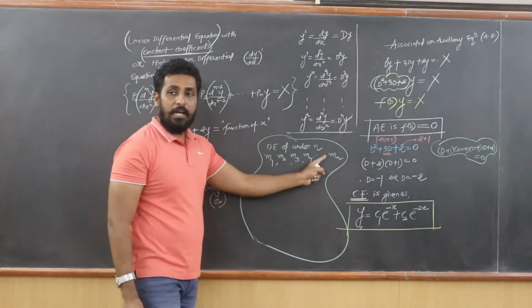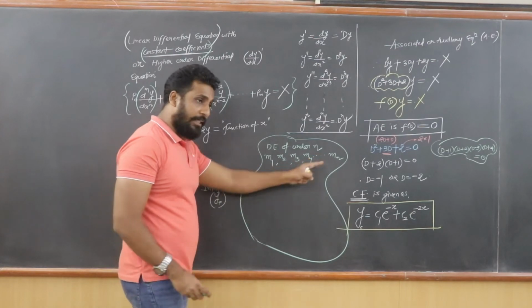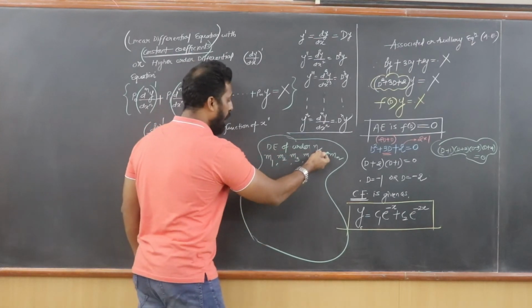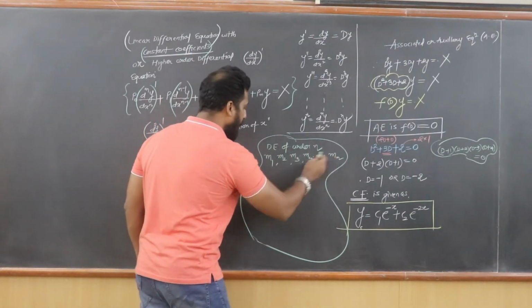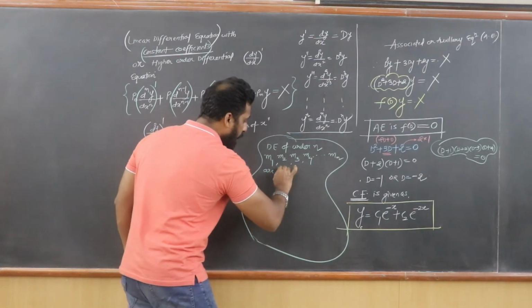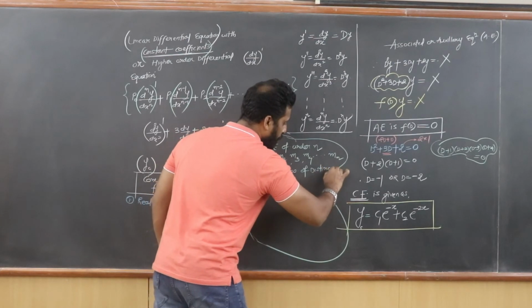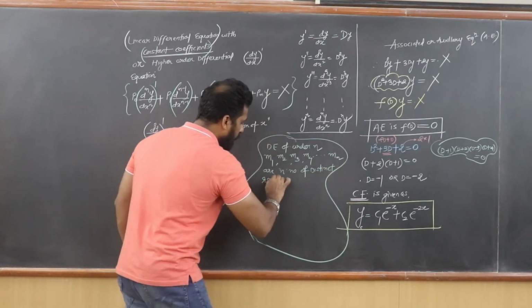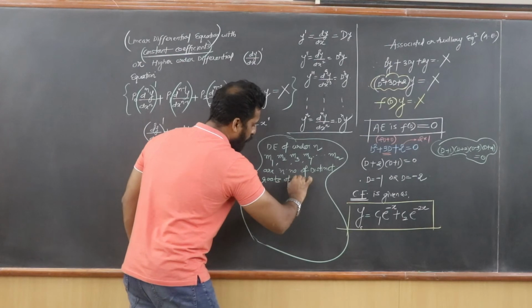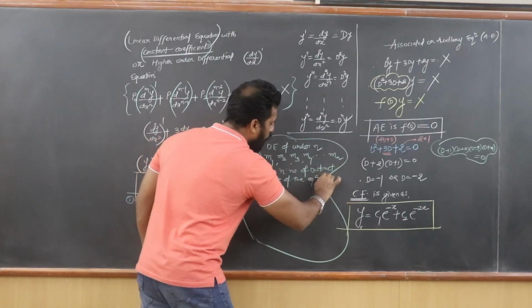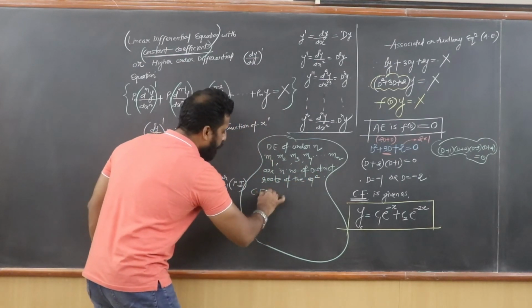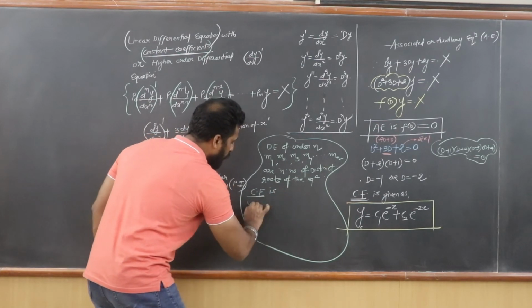So n number of roots have come. All these roots are distinct. So m1, m2, m3, m4 up to mn are n distinct roots of the equation. So the complementary function is given as, observe carefully.